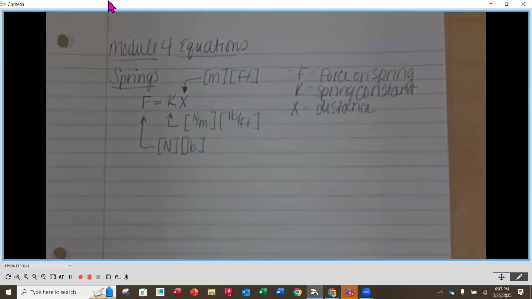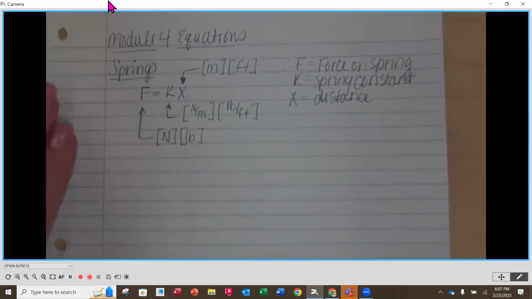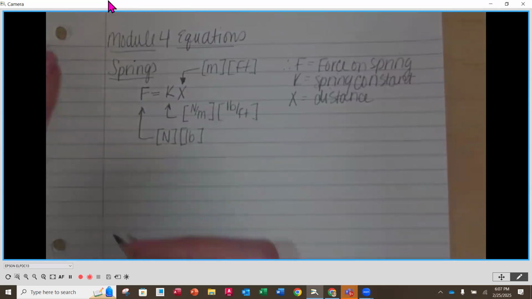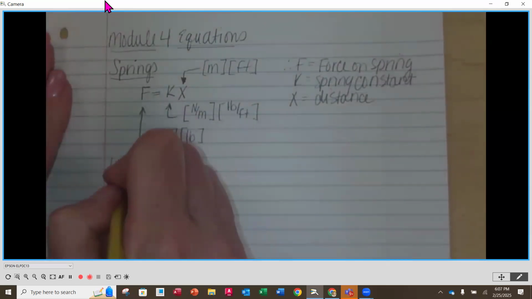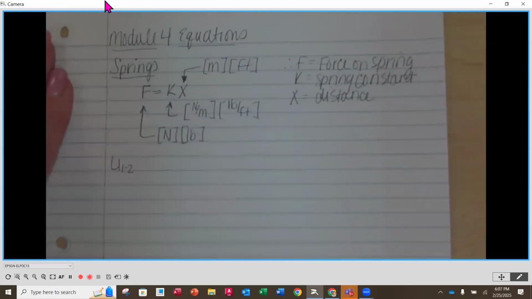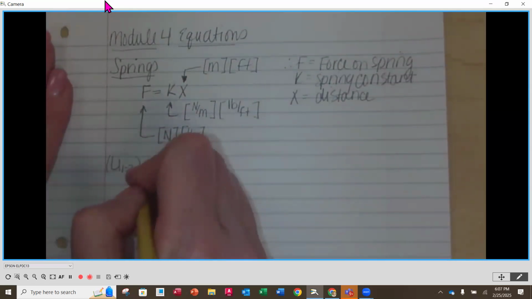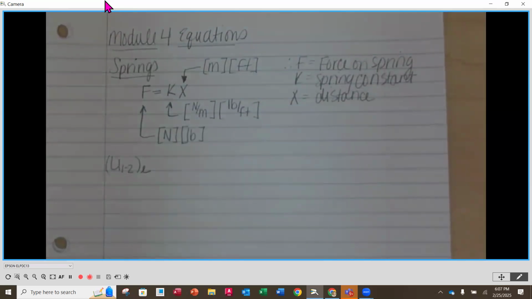Now, as we look at springs, we have two equations for work, as we kind of alluded to. The first one, we're going to call U1 to 2, and in parentheses in back of it, we're going to put a lowercase e.